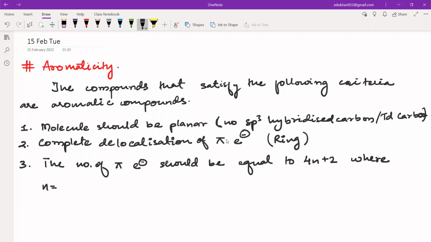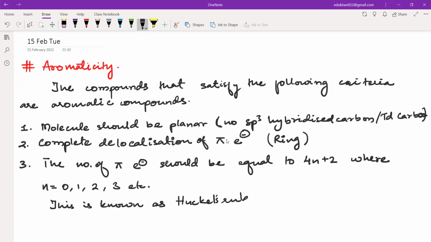Where n is equal to 0, 1, 2, 3, etc. This last point is known as Huckel's rule: 4n plus 2 pi electrons, where n is equal to 0, 1, 2, or 3.